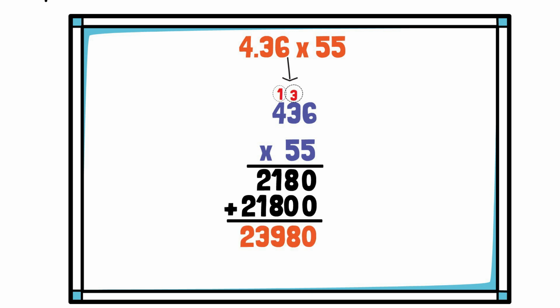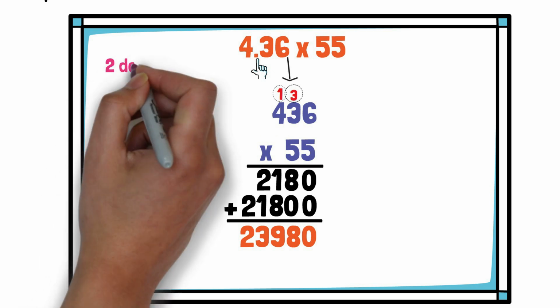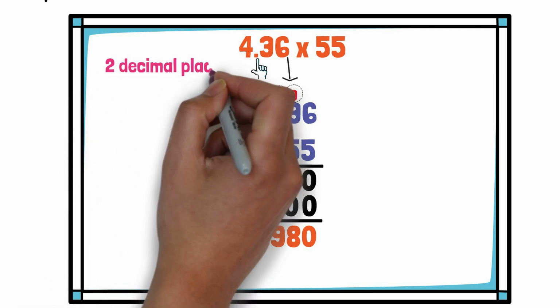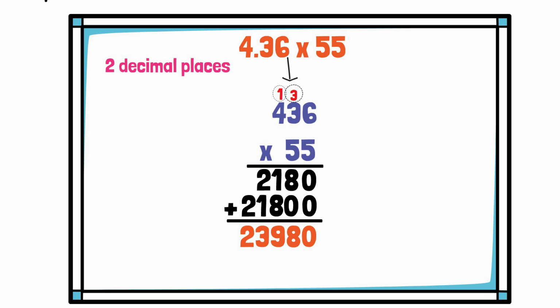Number 3, we're going to take 4.36. It's a decimal number, so we're going to count the places over from the right. There are 2 decimal places in this number. Now let's take a look at our answer and count 2 places from the right and rewrite our answer. So when we multiplied the numbers, we had the answer of 23,980.